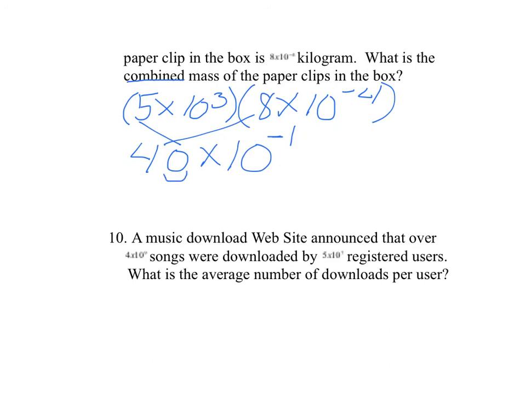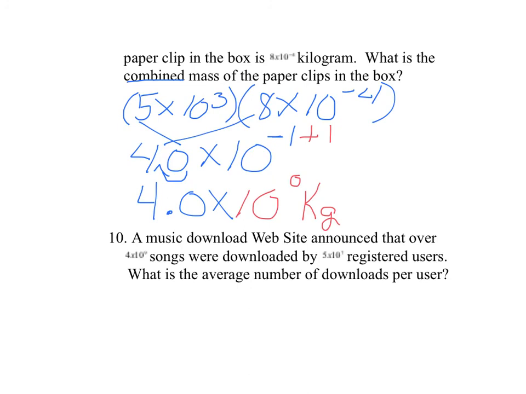I need to move my decimal place forward 1, so 4.0. Because it moved forward 1, I need to add 1 to my exponent. Negative 1 plus 1 is 10 to the 0 power, and you need to leave it as 10 to the 0 power. It's not just 10. You do need a label. In this case, our label would be kilograms.